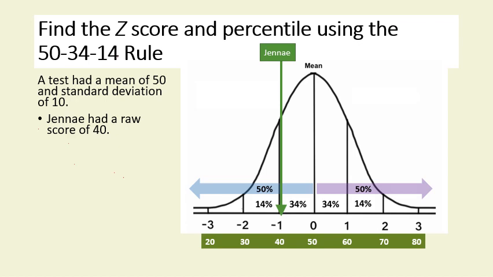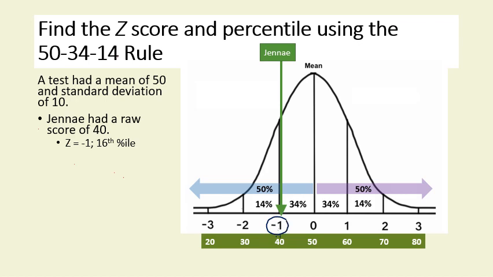So we can look at the distribution we were working with in our last lecture and take it a step farther. Let's imagine that Janae had a raw score of 40, and you can see it marked here. So what is her z-score and what is her percentile? Well, we can follow along and see that her z-score is 1.